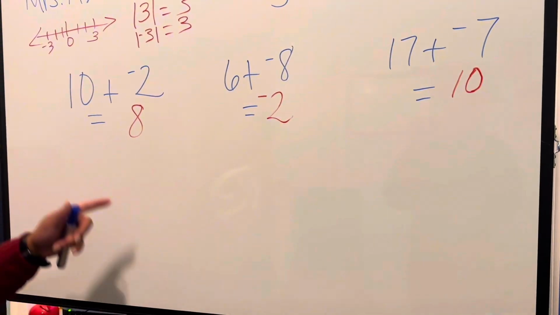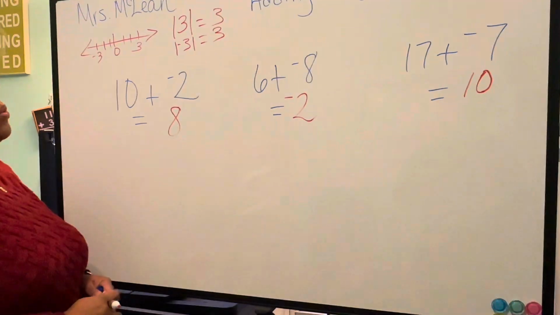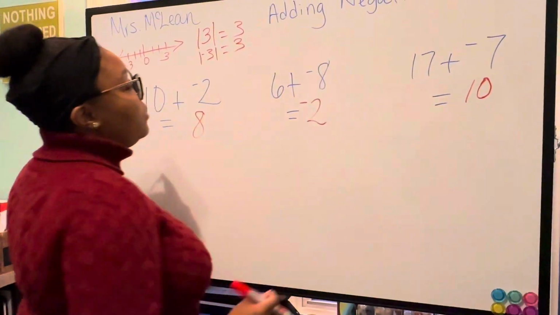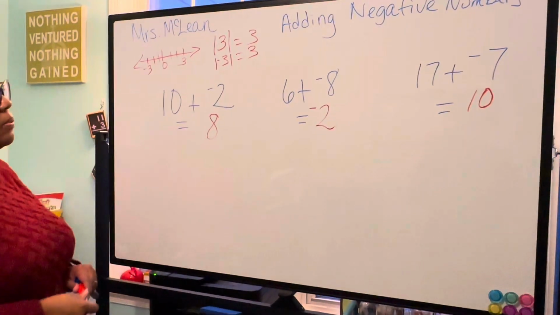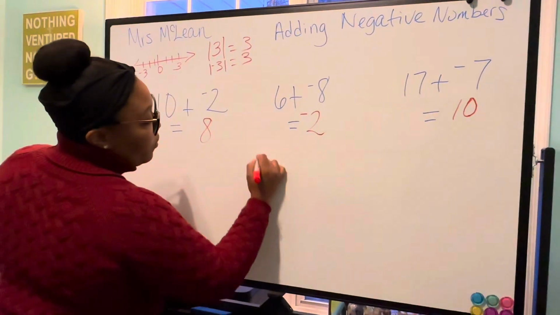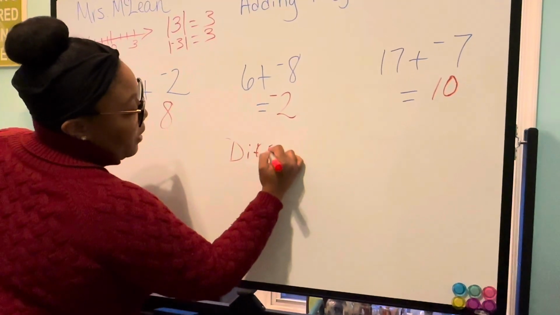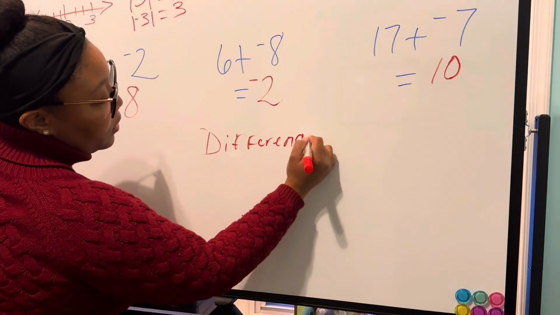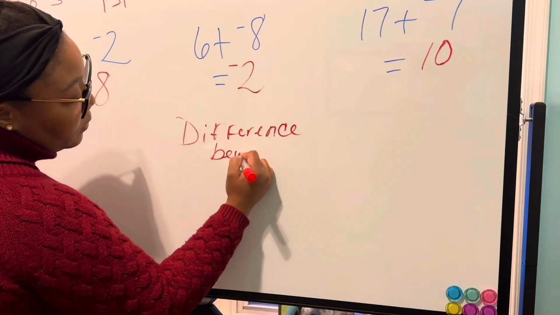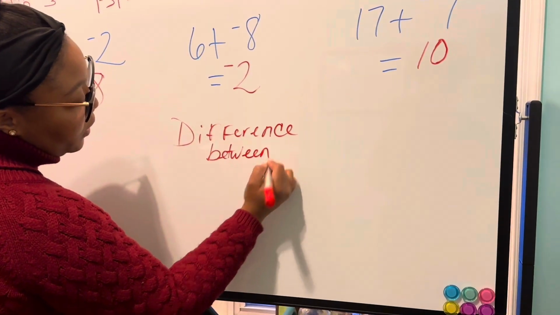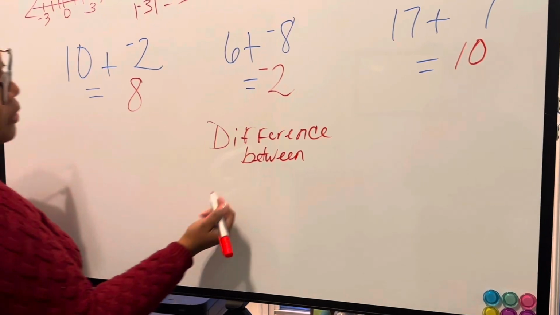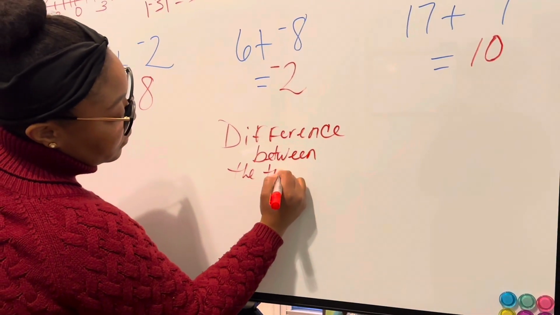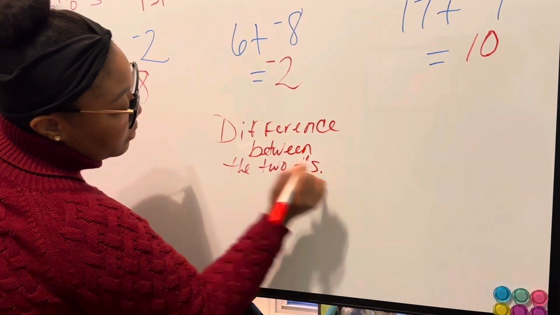Okay, so let's take another review here. When it comes to adding negative numbers, we want to remember we're first going to do the difference. Get your notepads out. We're going to do the difference between the two numbers. You can abbreviate if you want.